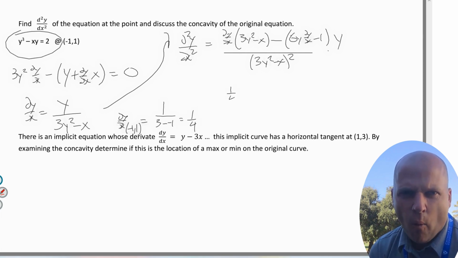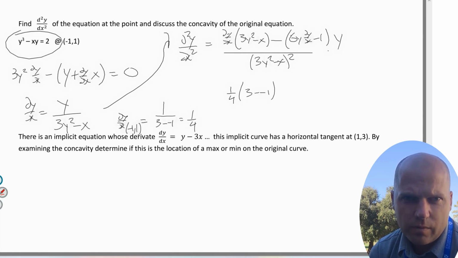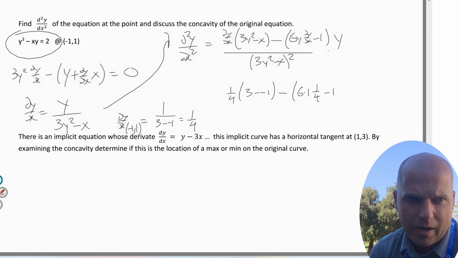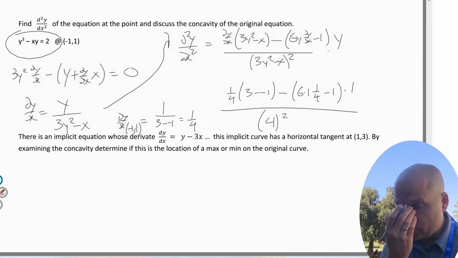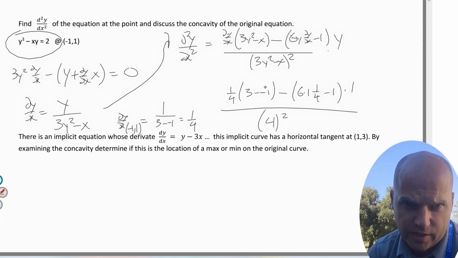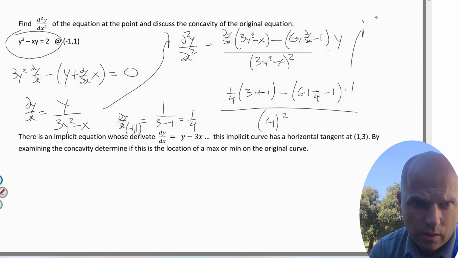So I get 1/4 times (3 minus -1) minus 6 times 1 times 1/4 minus 1, times 1 over 4 squared. This is great, guys. This is a fantastic problem. That gives me 1.